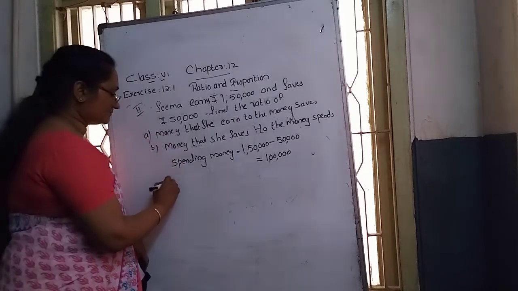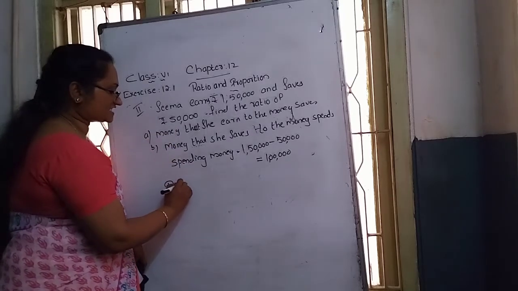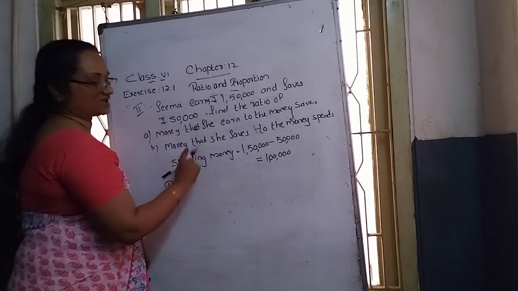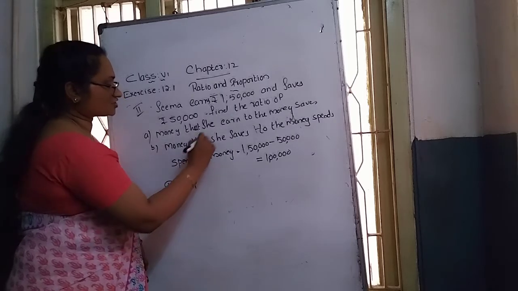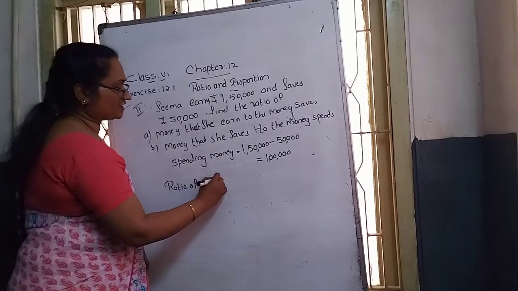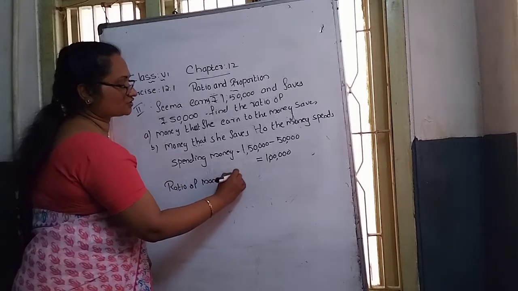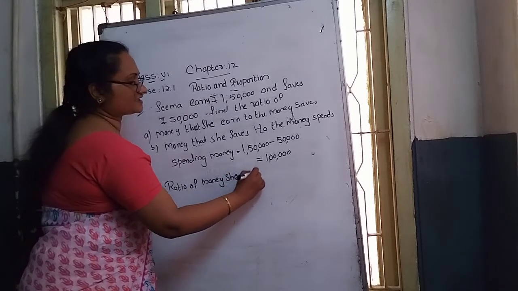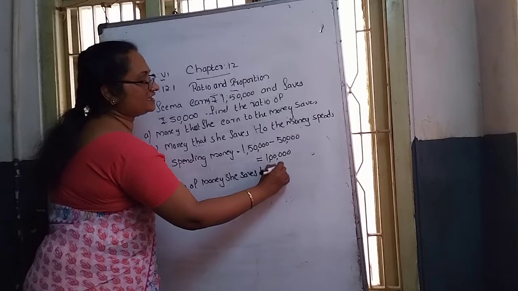Then we find the ratio. What ratio do they ask? The money she saves to the money spent.